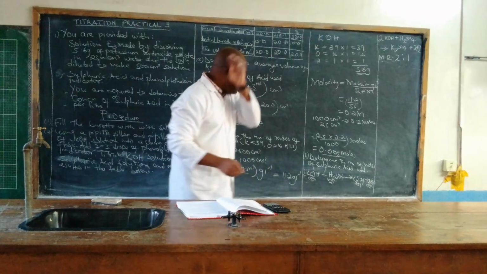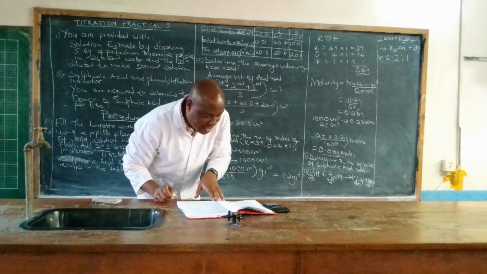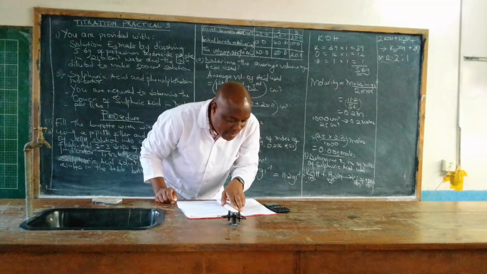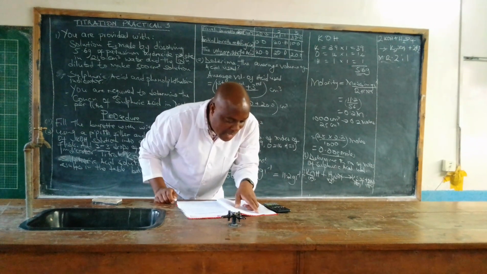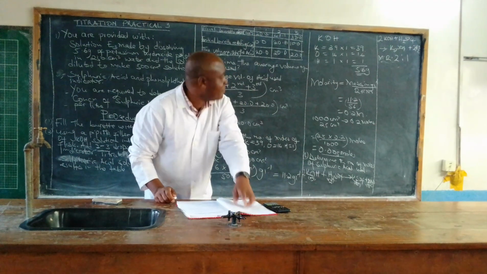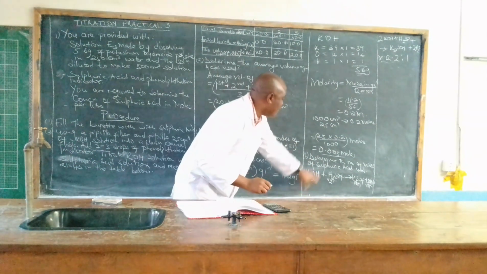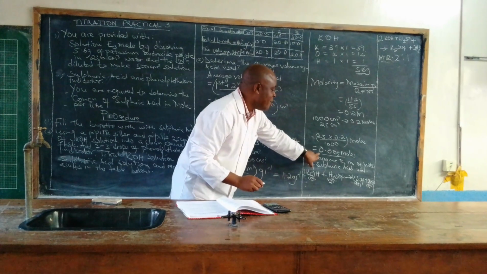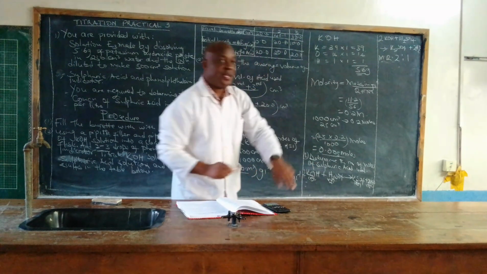And remember, we have been asked to determine the number of moles of sulfuric acid. We know very well the number of moles of potassium hydroxide, they were 0.005.